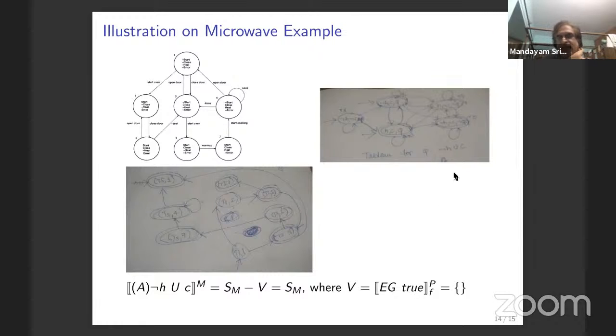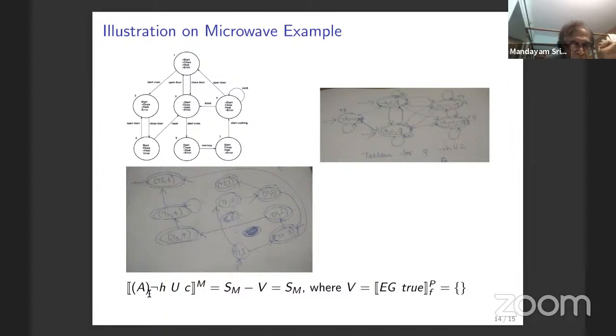This is the only state that contains not phi, T5, in the product machine, and there is no outgoing edge at all, okay? So V is empty. So what that means is that there is no error path.